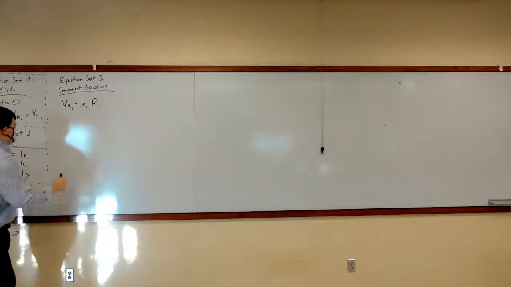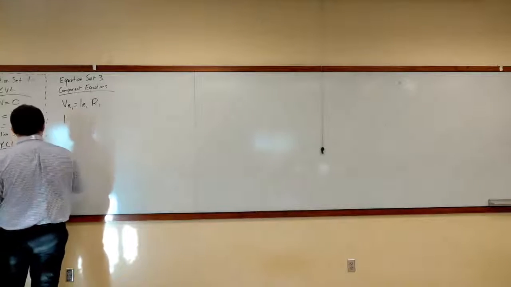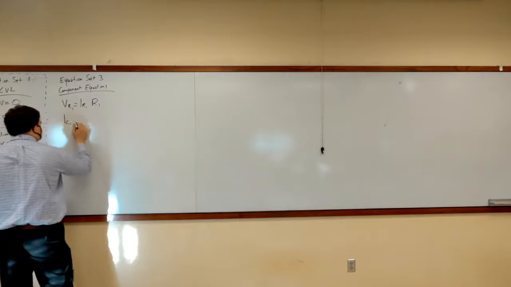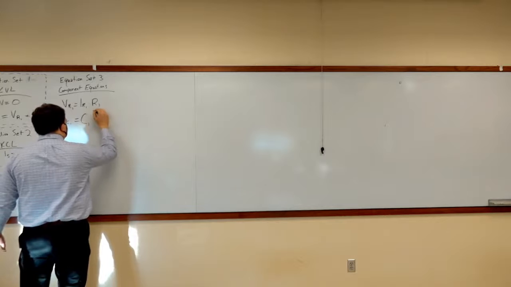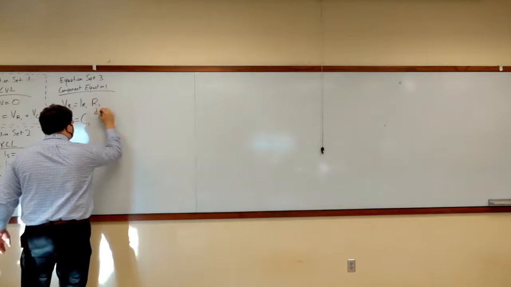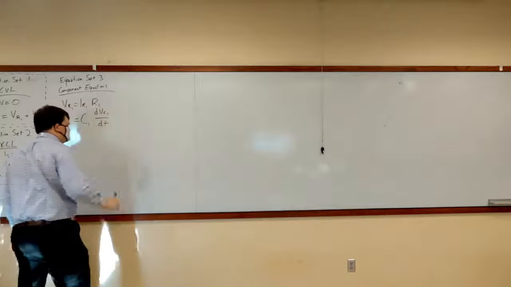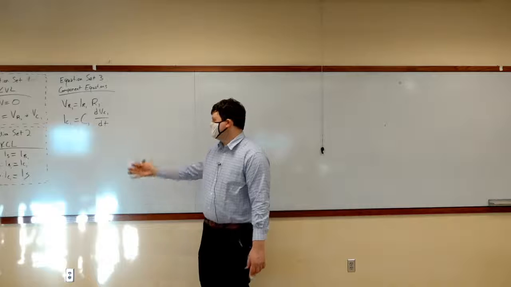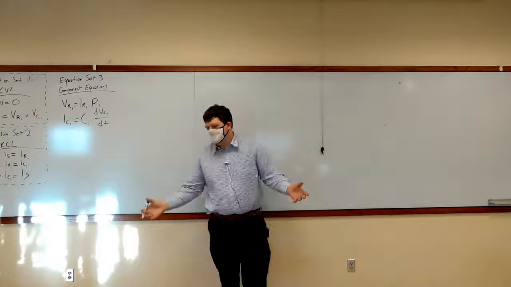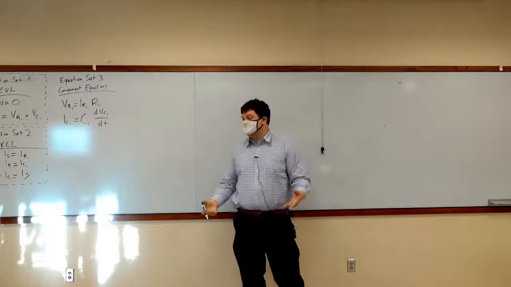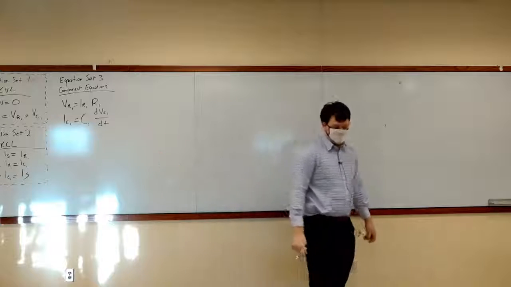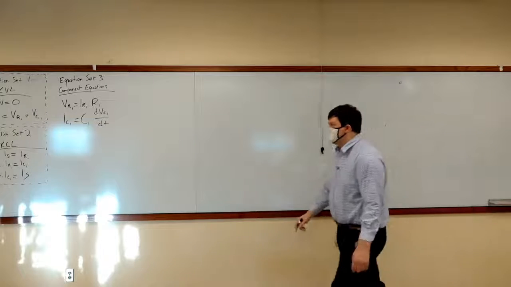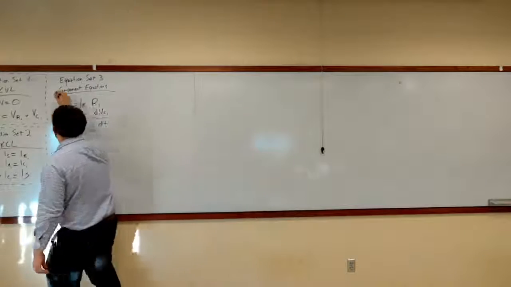The second equation is one that Trace just gave me. IC1 is equal to C1 times dVC1 dt. If we had an inductor, that third one would work too. In this system, we don't have an inductor. But when we do have a system with an inductor, we will write that in here, okay? I'm going to go ahead and box this because this is equation set 3.